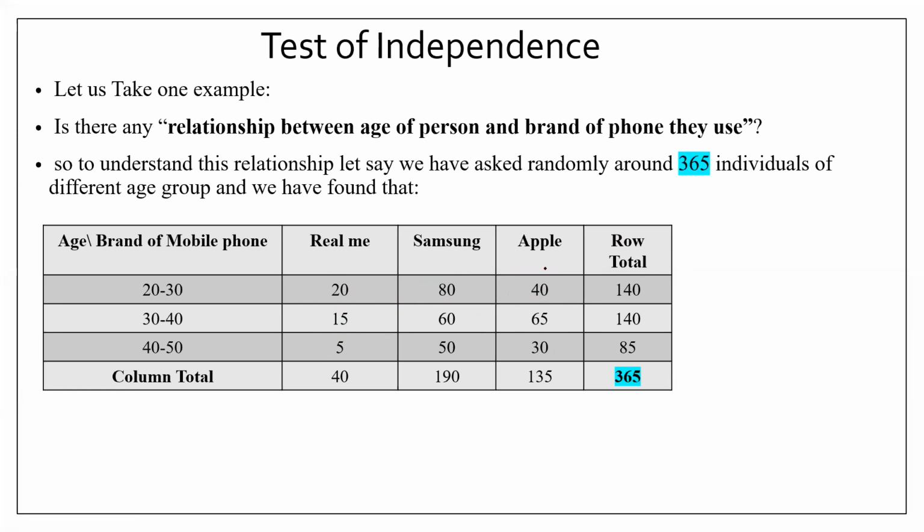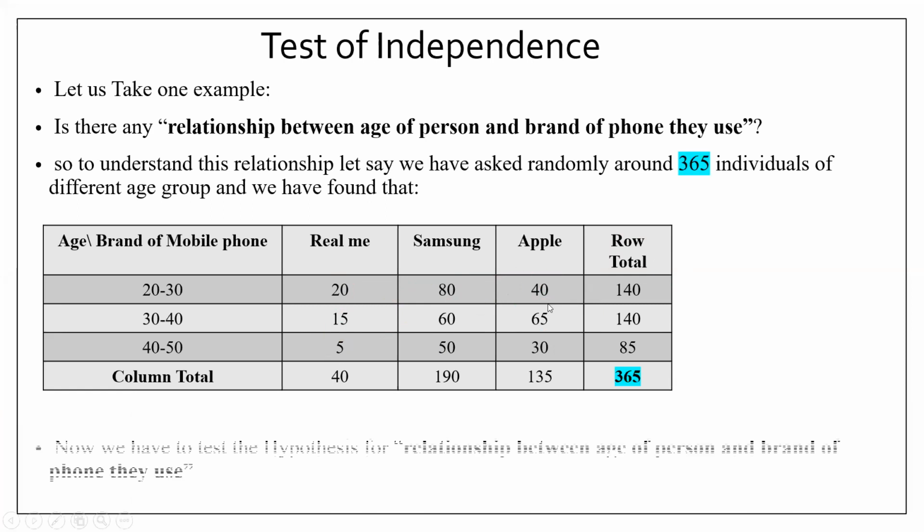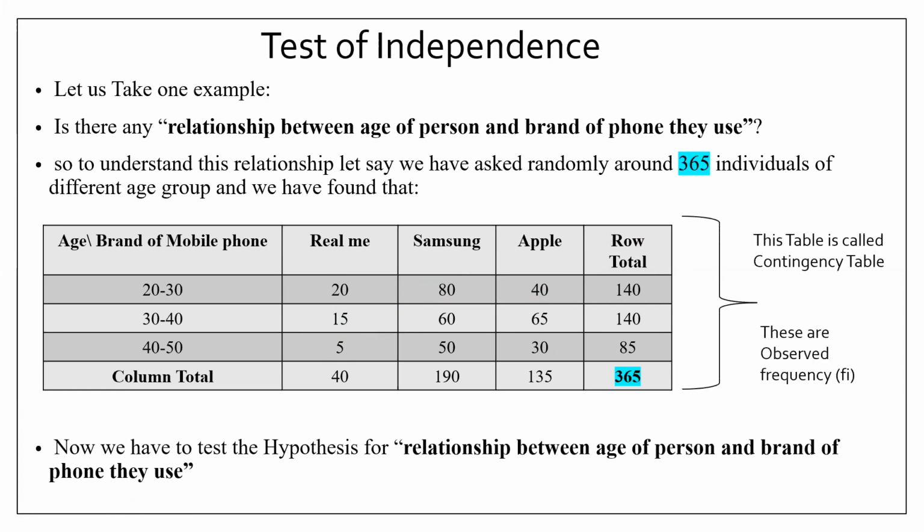Now remember, the table which we have formulated, we call that table a contingency table. And these values 20, 80, 40, 15, 60, 65, 5, 50, and 30, they are all your observed frequencies.